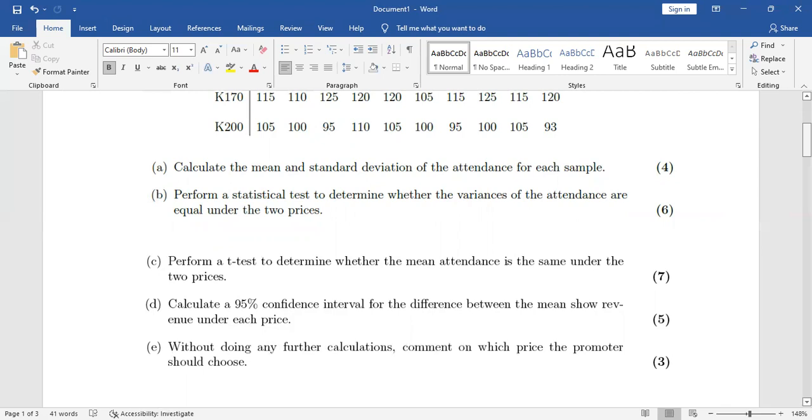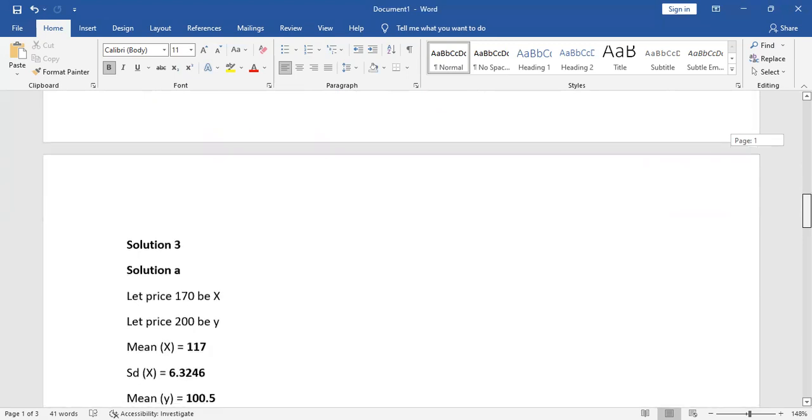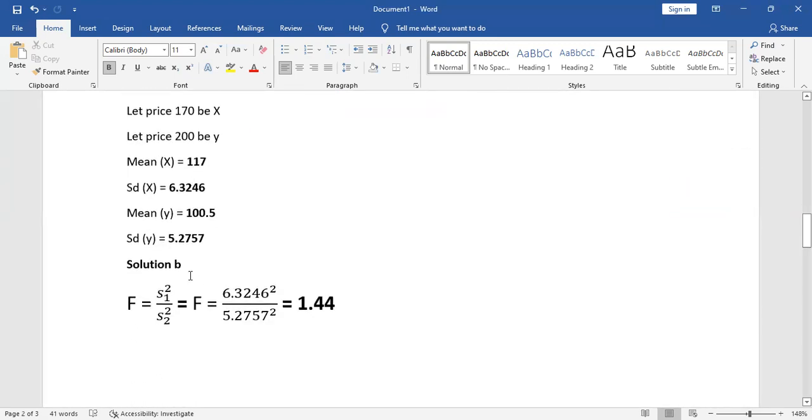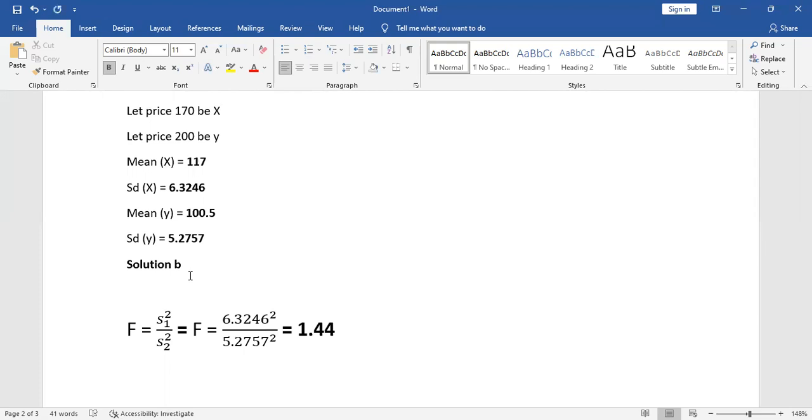So when performing a statistical test, we first start by postulating the hypothesis. We're going to postulate the hypothesis by simply saying H0, which is the null hypothesis.